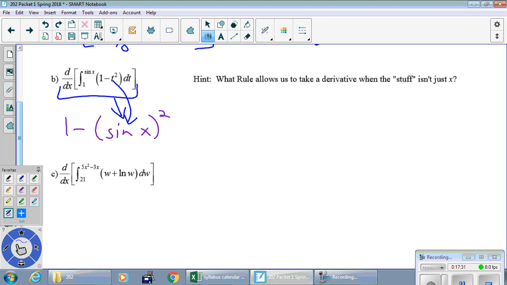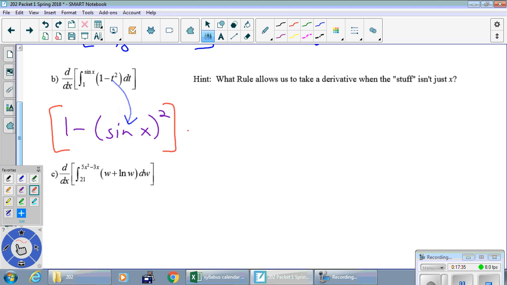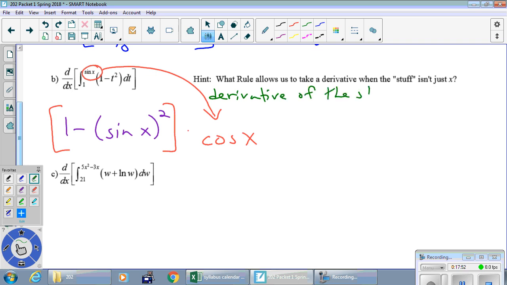But then at the end, multiply the whole thing, your regular derivative rule, by the derivative of the stuff. And so we just put right over here the derivative of sine of x, which is cosine of x. So that's it. 1 minus sine of x squared, the whole thing times cosine of x.